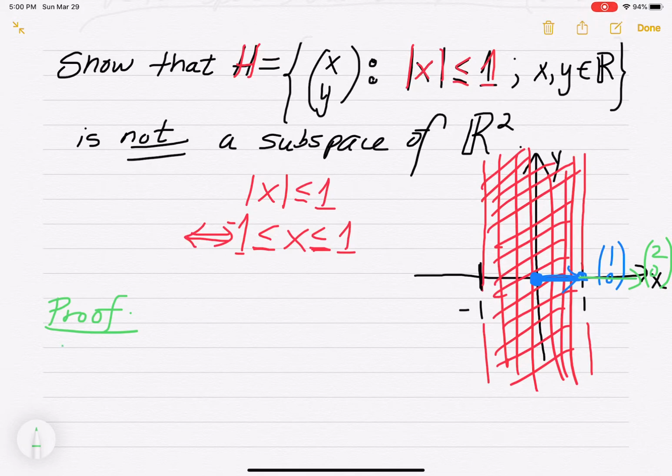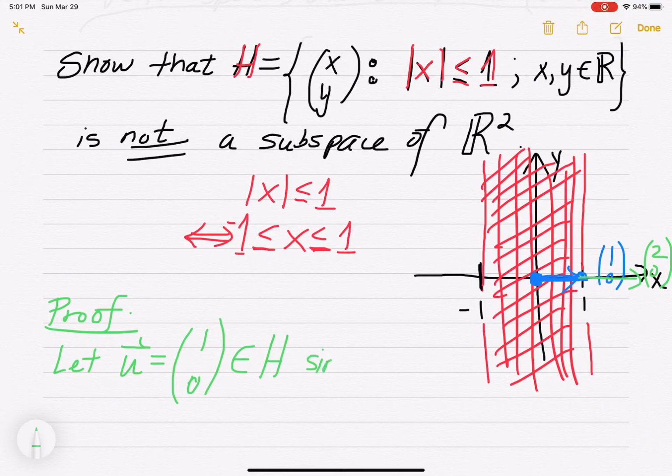We're going to say let U be the vector 1, 0. Now 1, 0 we know is actually in H. Why is it in H?